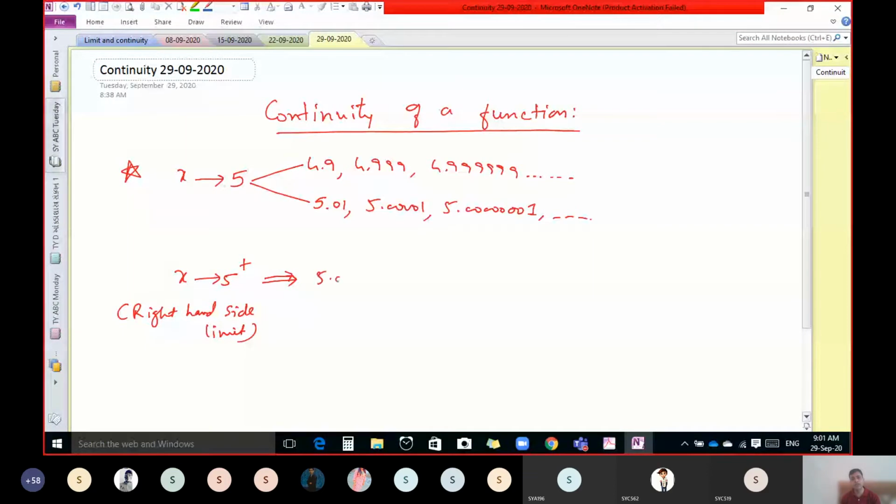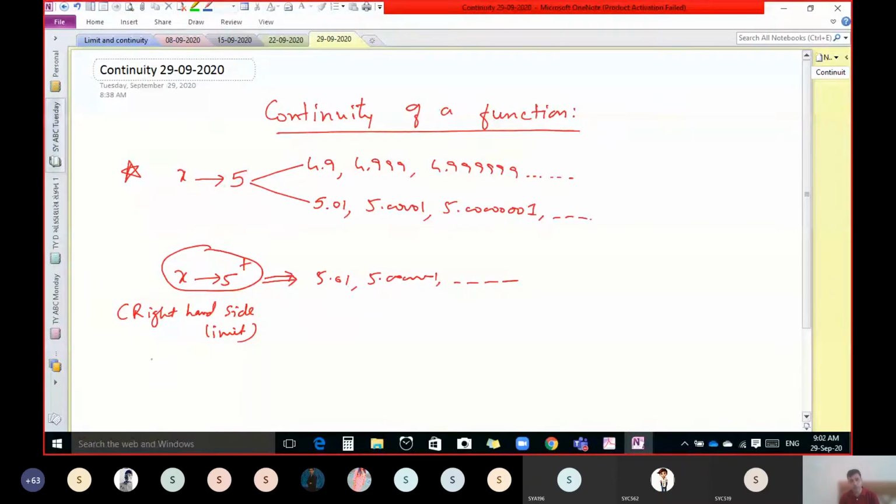So now onwards, if it is written like this, x tends to 5 plus, it is very clear the value of x is very nearer to 5, not 5 but more than 5.